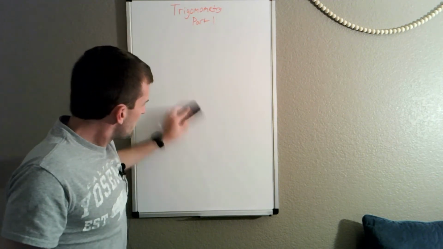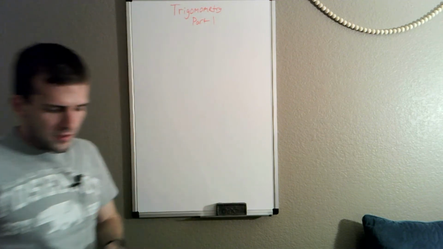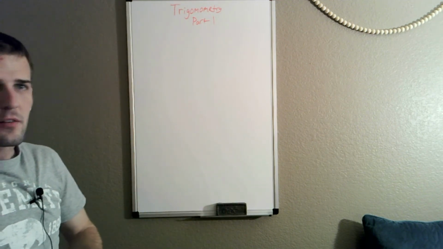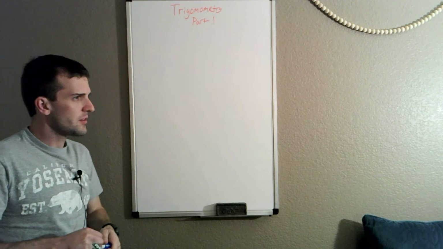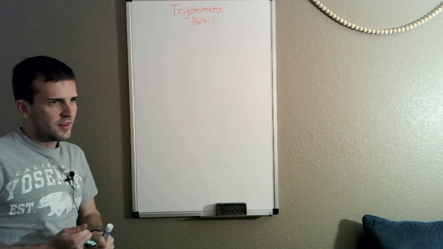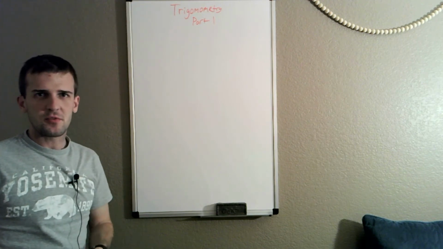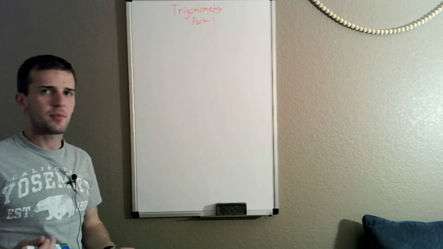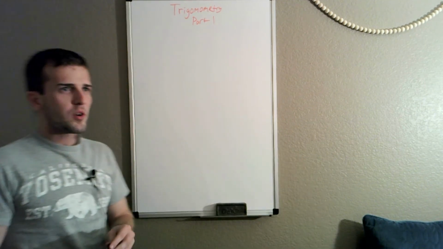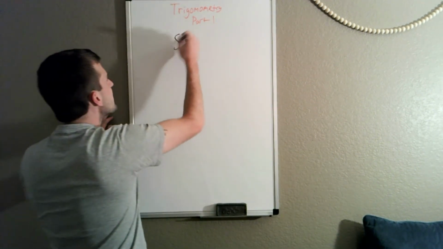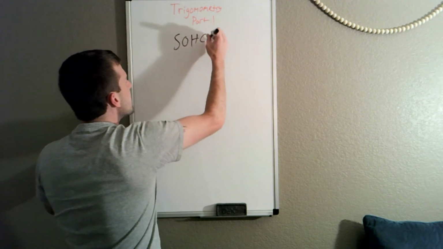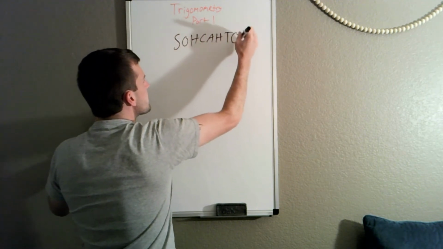And the next thing I'm going to talk about is what I like to think of as the basis of trigonometry. It's a topic and a concept that's used all the time in trigonometry. And this topic can be represented by one word, and you may have heard it before: Sohcahtoa.